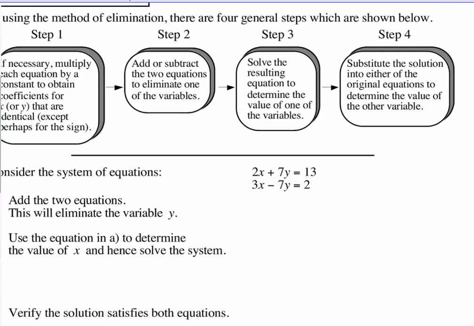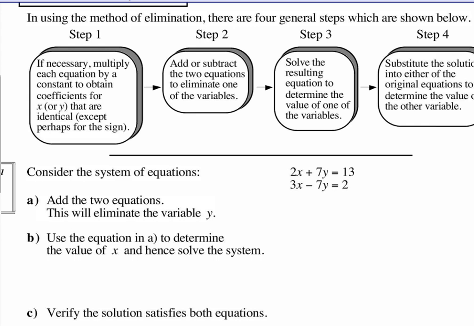Here are the steps. Okay, so if necessary, multiply each equation by a constant to obtain a coefficient for x or y that's identical, except perhaps the signs. So what we want to do is everything has to be aligned, first of all. So our equations need to be aligned.